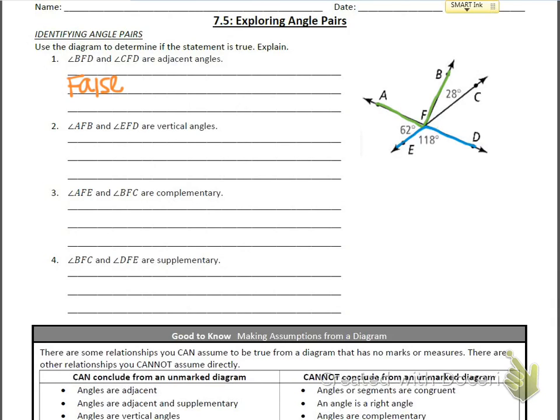Explain why. How many of you vote for true? How many vote for false? Good. This is a false statement. And I heard it best over here. FB and FE are not opposite rays. So they need to be completely opposite rays, and they are not. So opposite rays mean they go in the exact opposite direction. So they are not vertical angles.